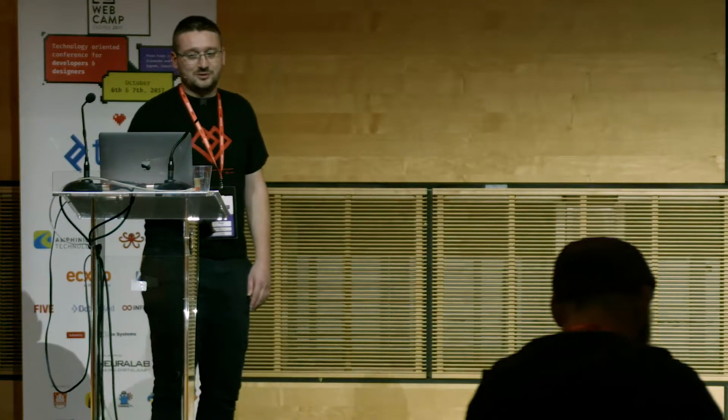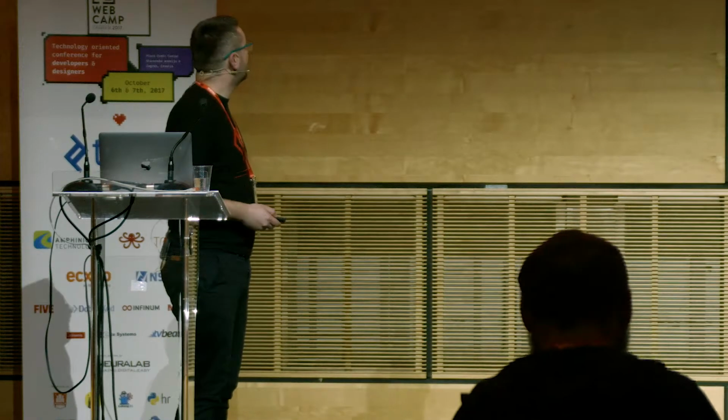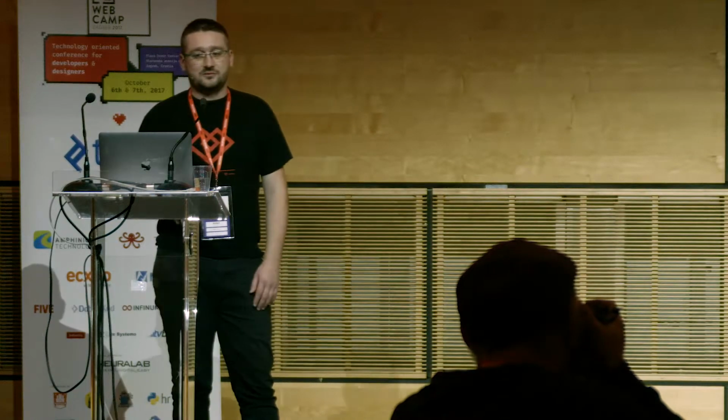So let's get back to empty states. What exactly are empty states? Probably the first thing to start with. An empty state is something that our users see when they come to our application.